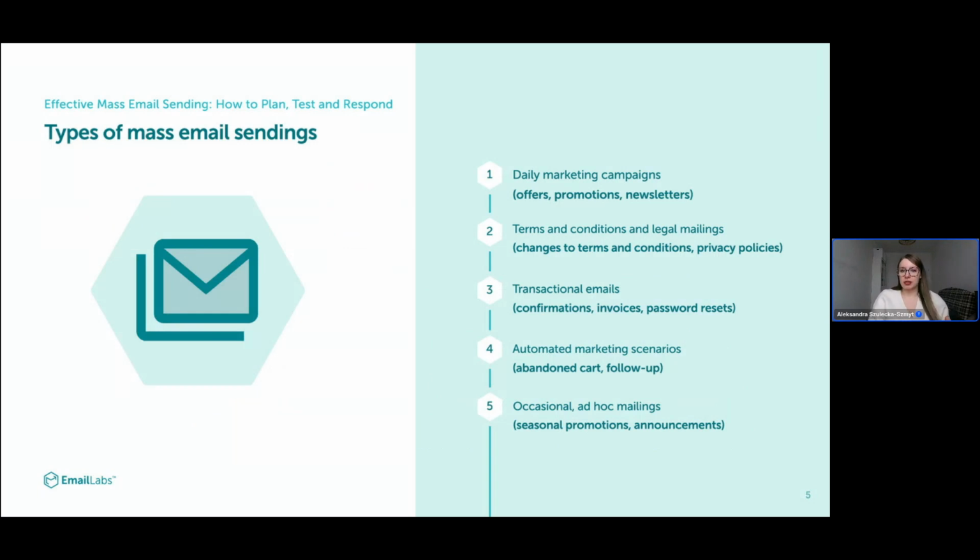There are emails such as order confirmations, invoices, password resets, registration and such. Automated marketing scenarios, follow-ups, abandoned cart and such, and obviously some mailings that you have to do on the go, seasonal promotions and announcements.